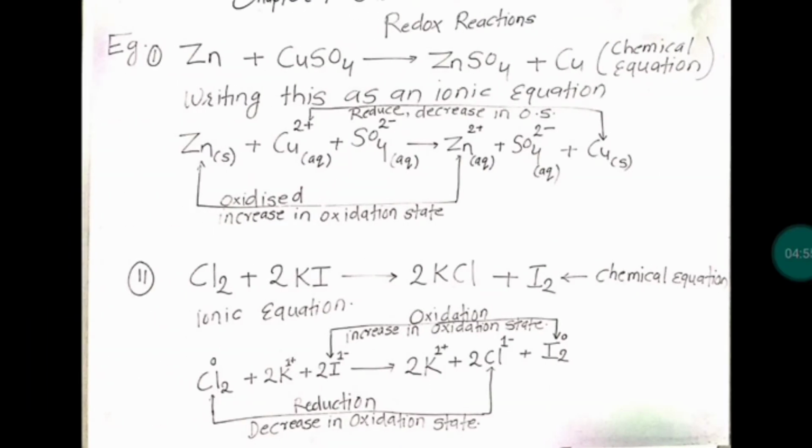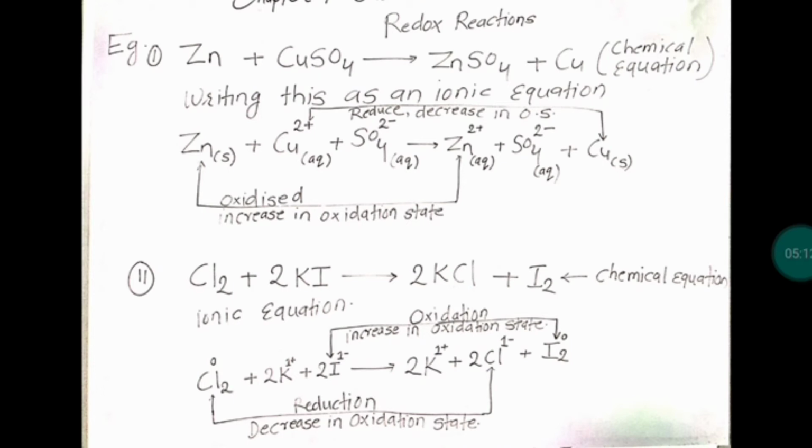So let us take an example: zinc plus copper sulfate, forming zinc sulfate and copper. Here a metal is reacting with a salt and forming another salt and another metal.